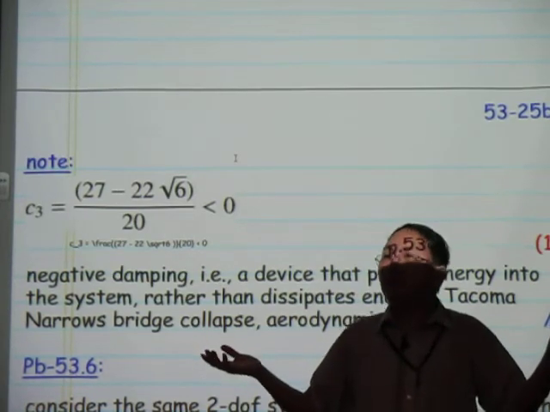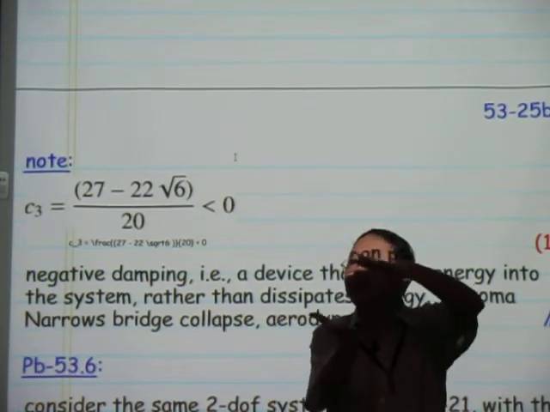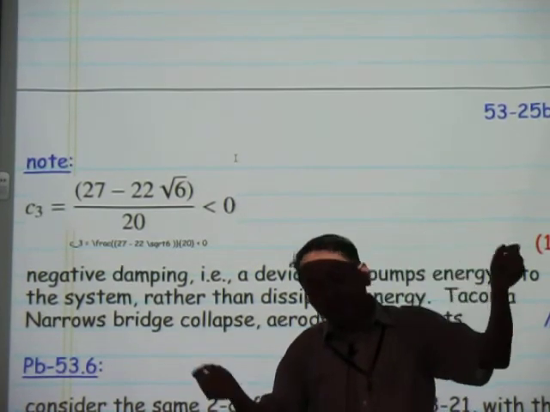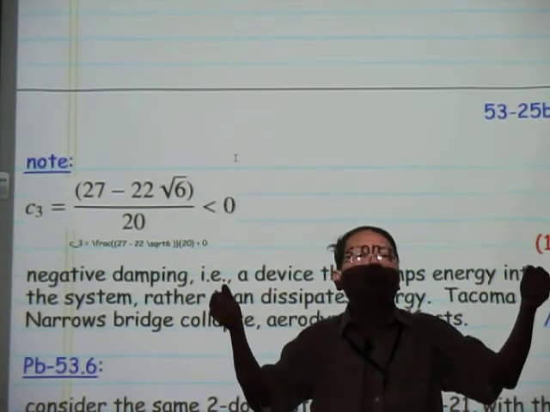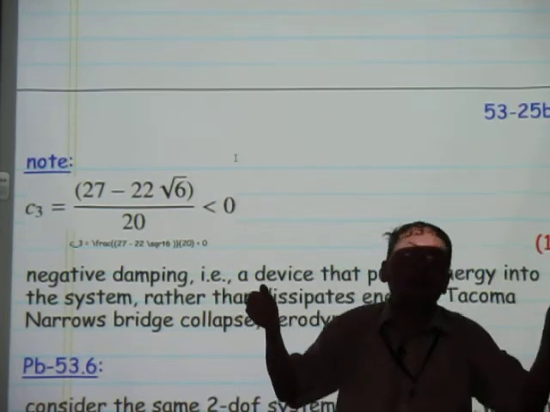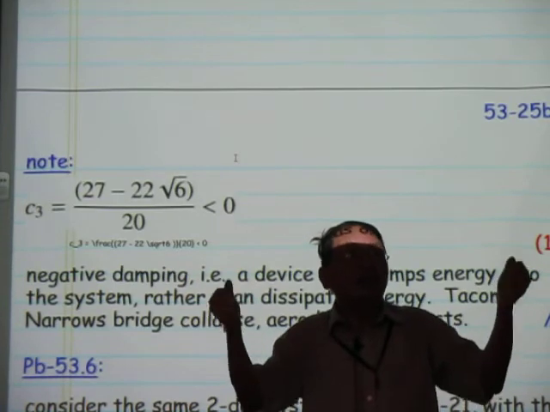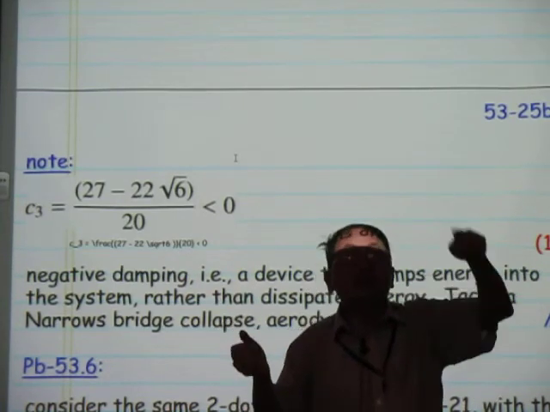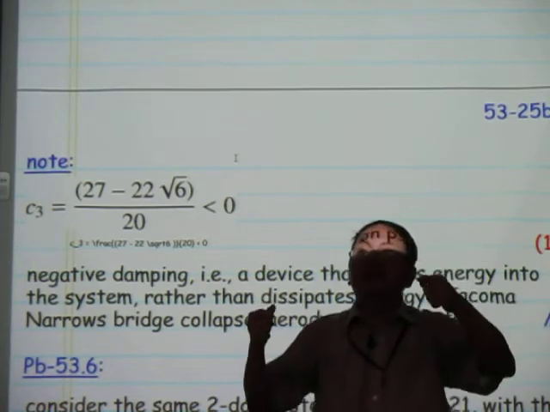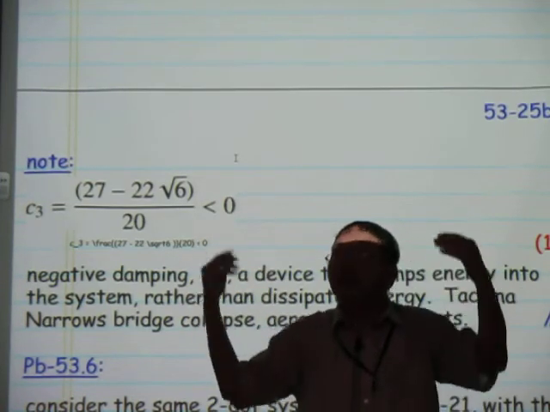A positive damping coefficient is a damping coefficient that dissipates energy, right? For a single degree of freedom, when you let it undergo free vibration, meaning without any applied forces, then the amplitude would decrease as time goes to infinity, because the positive damping coefficient dissipates energy.